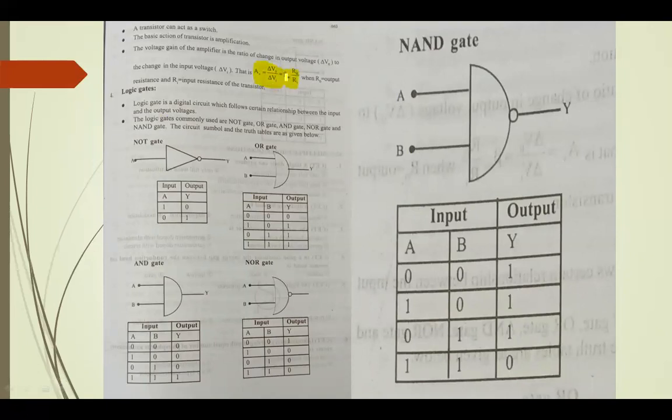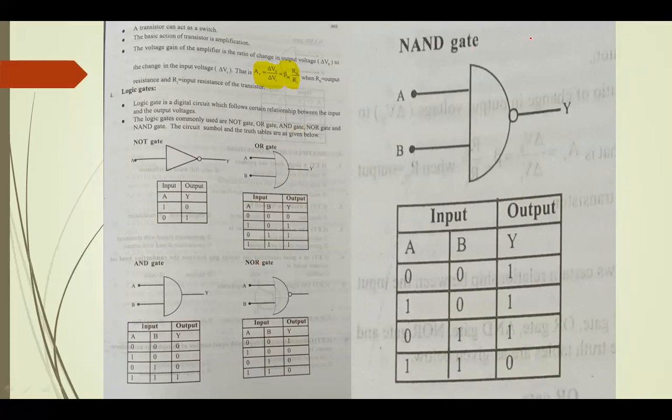This is what we call voltage gain. AV is equal to delta V out divided by delta V in. Along with that, you have to remember one more formula: the relation between alpha and beta.